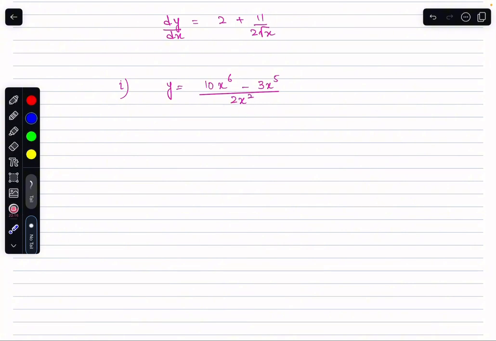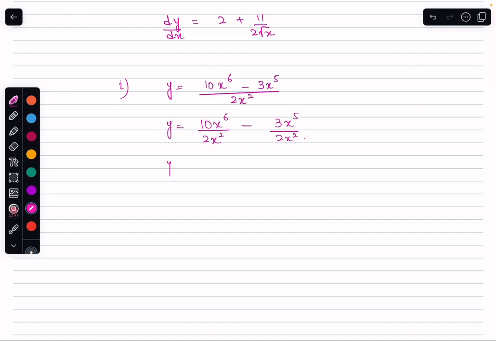So unless and until we have the equation in a simple term form, we cannot differentiate this function for now. So what I can do is simplify the equation by writing it as separate fractions: 10x to the power 6 divided by 2x squared minus 3x to the power 5 divided by 2x squared.